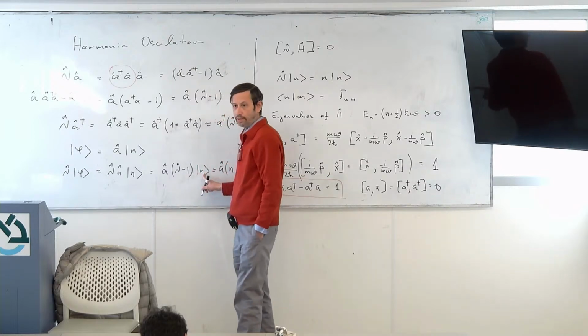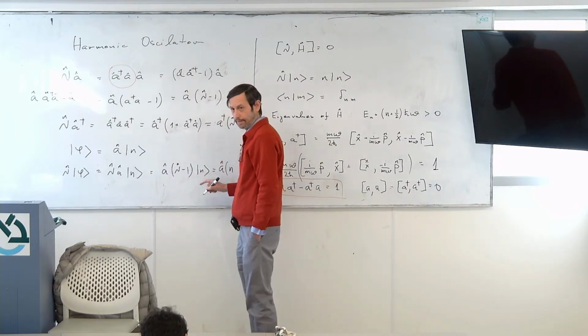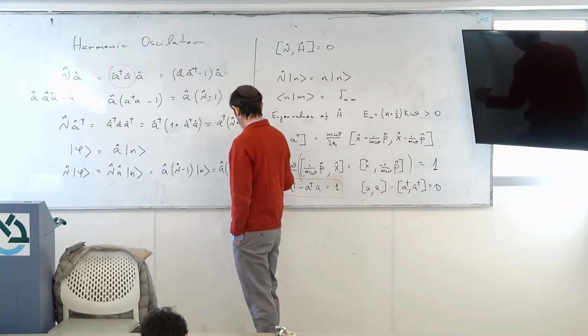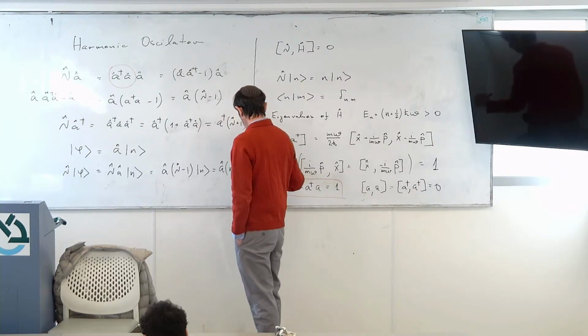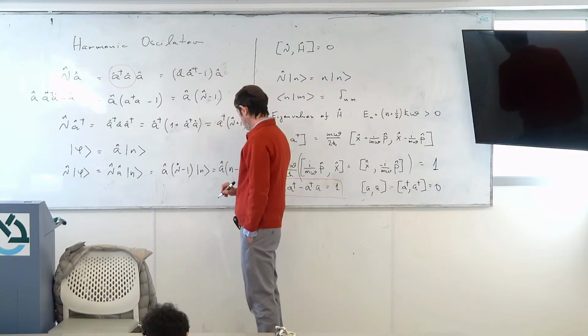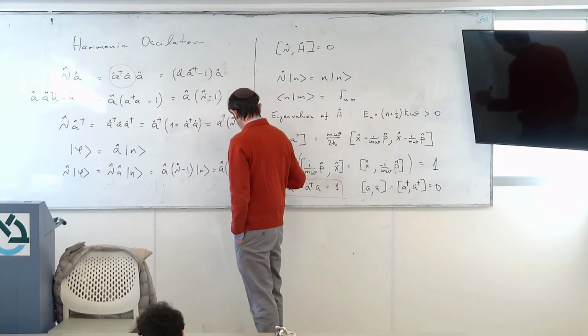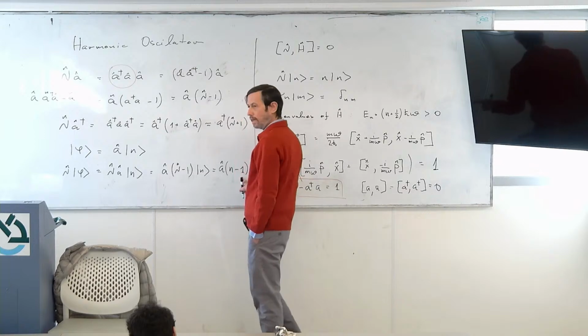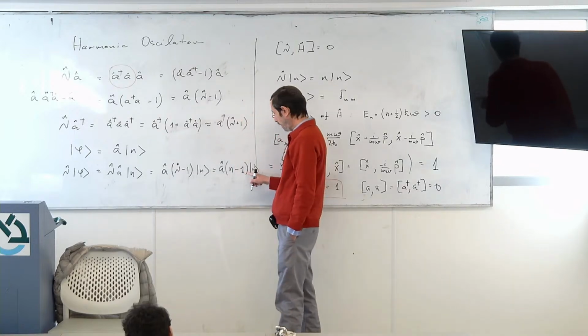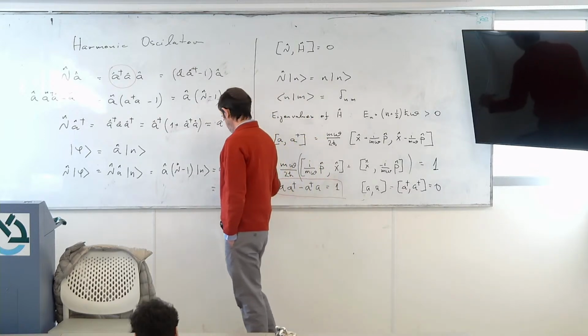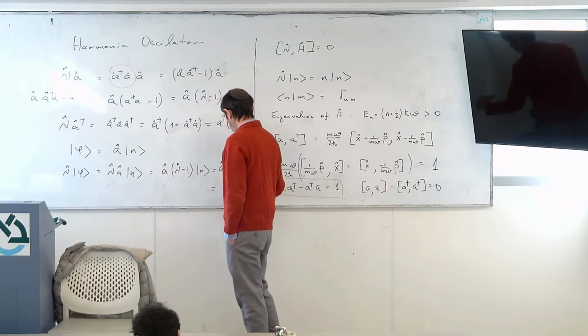One that operates on n gives me n. Sorry, n. But these are numbers. And A times n is just phi.